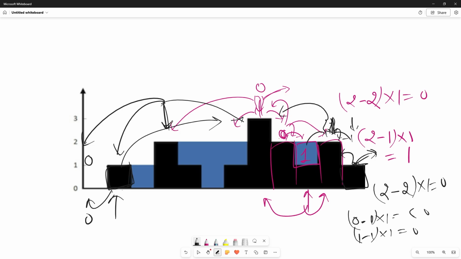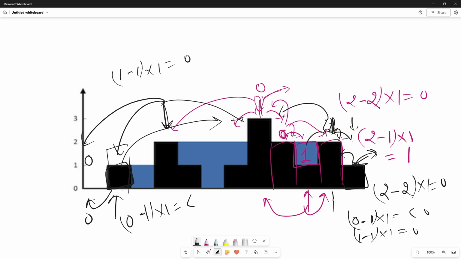When we say the maximum toward the left is 0, then the minimum is 0 minus the height 1 multiplied by the width, which gives a negative result, so we will not count it. But if we say this bar itself is the highest bar, then 1, the height of the minimum bar, minus the height of itself, times the width, gives us 0 units of water.